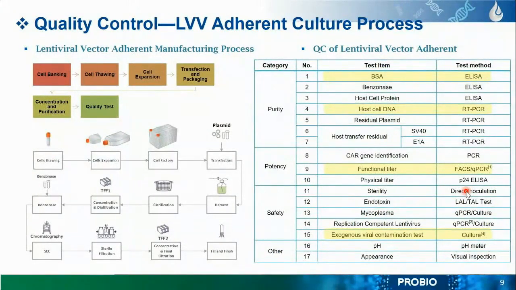Here is the flow chart of how it's done: the cell thawing, the cell expansion, the cell factory, then transfection, then harvest, clarification using different filters, then TFF, then the nuclease treatment, then we go for different chromatography, then sterile filtration and TFDF, and then fill and finish. And here, the most important thing is the characteristics of the QC testing, which you can see on the right side.